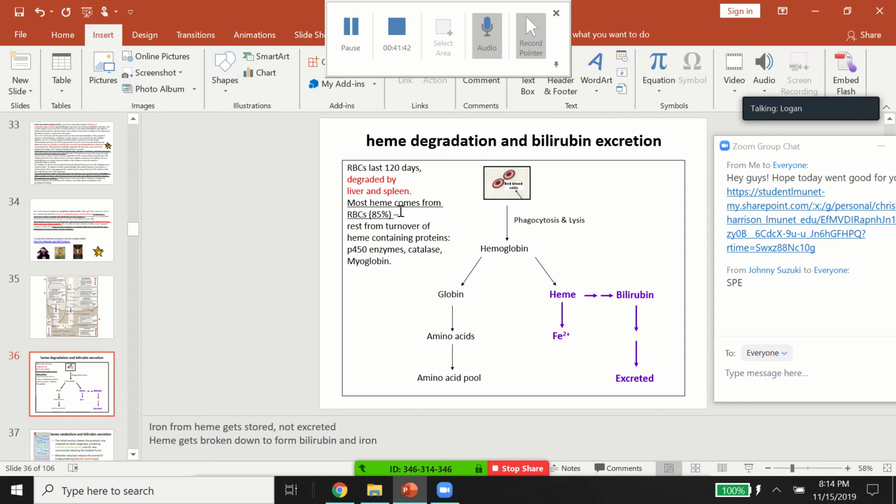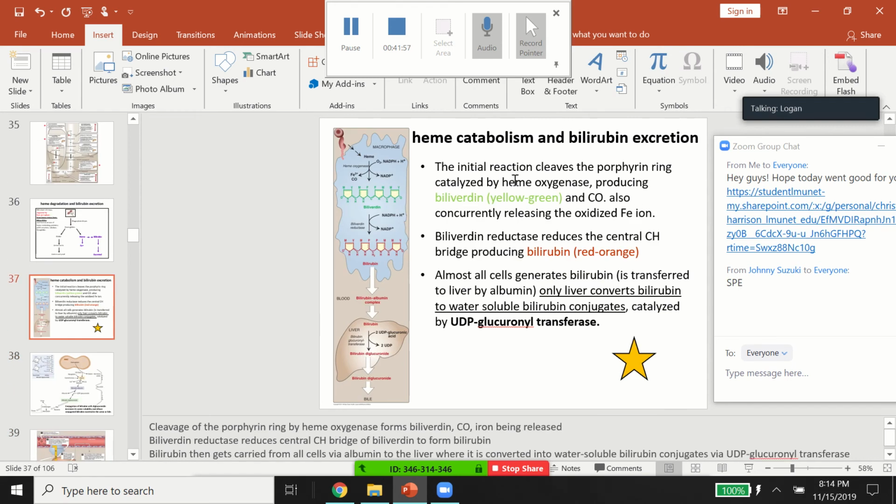But the more important thing on this slide is the whole process, which we're going to be talking more about. Heme, when degraded, turns into bilirubin, and then bilirubin is eventually excreted. We're going to go into more detail, so I would know every single enzyme and every single thing mentioned on this slide. It's important, so that's why I put one star here.